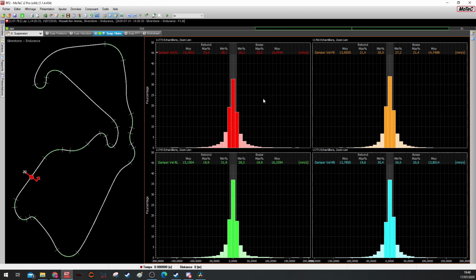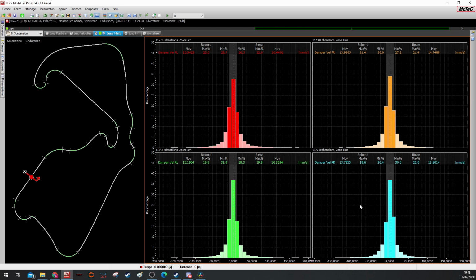So the main graphic or the main screen I look at is the suspension history in MoTeC. And as you can see here, we have 4 graphics, one for each corner: the front left, front right, rear right. And the first thing I look at is the shape of the graphics.